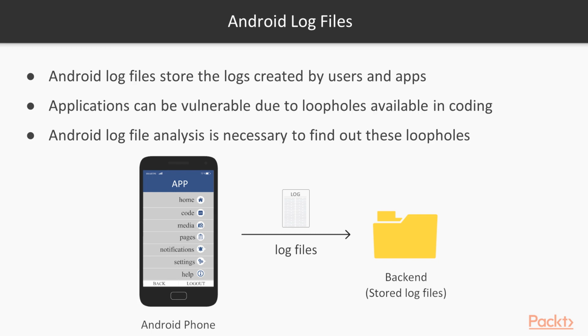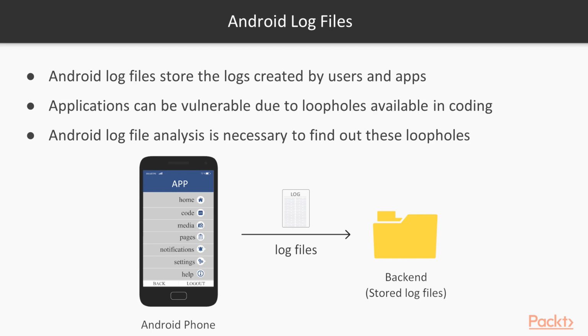The third point, Android log file analysis is necessary to find out the loopholes. Absolutely correct. For example, if you are a pen tester and you are trying to get information about the vulnerability of an Android app, then you can just visit the Android app and it will create some logs, and the logs will be stored inside the log files. So a pen tester can easily analyze the log files to check whether there is any vulnerability inside the app. If there is any vulnerability available inside the app, obviously the log files will contain some secret or sensitive information.